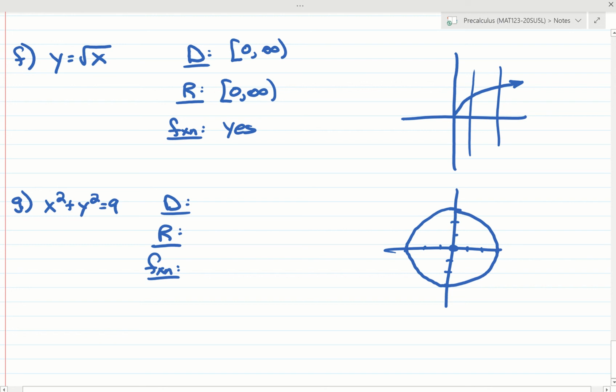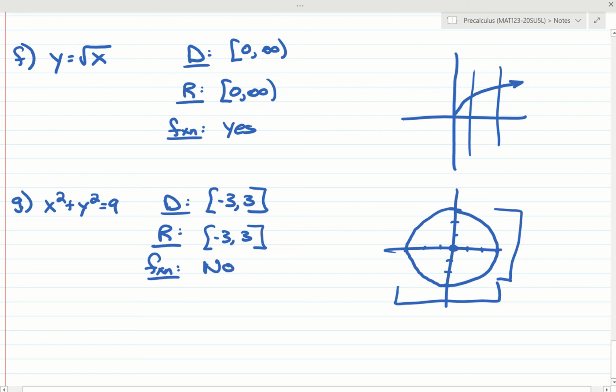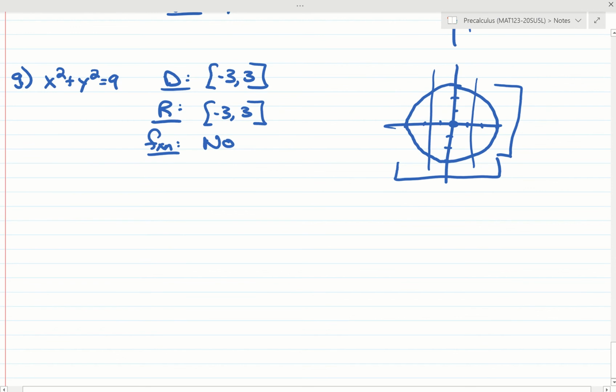So what are possible x values? Well, it goes from negative 3 to positive 3. Possible range values, positive to negative 3. Is it a function? No way, right? Because if you draw a vertical line, it would touch in more than one place.